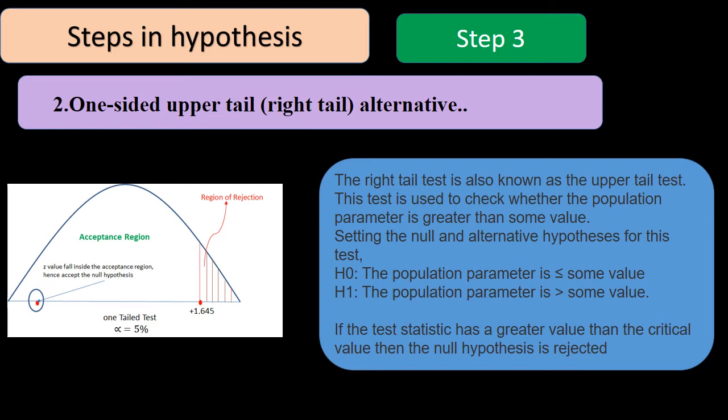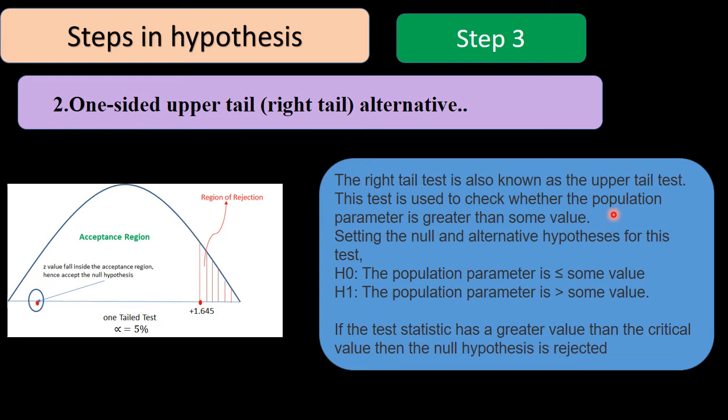Then we go to the one-sided upper tail or right tail alternative. The right tail test is also known as the upper tail test. Right tail is going to the right side. This test is used to check whether the population parameter is greater than some value.